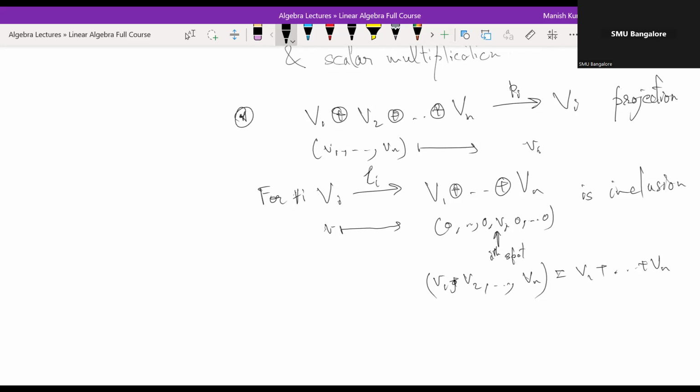That is also called a projection map, because it projects onto the V_i component. The image is a subspace of the direct sum isomorphic to V_i. So projections are sometimes linear endomorphisms onto a subspace.